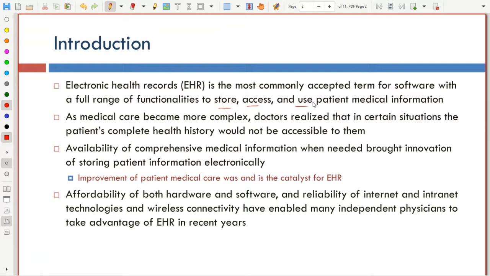The reason why people actually thought about electronic health records, imagine that a patient is traveling somewhere, and he had to visit a hospital because of a health problem, okay? The doctor in the hospital basically doesn't know anything about the history of that patient.